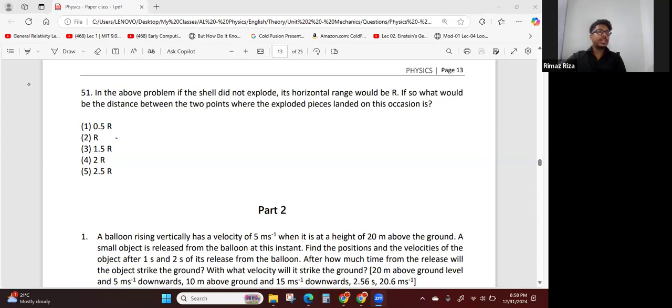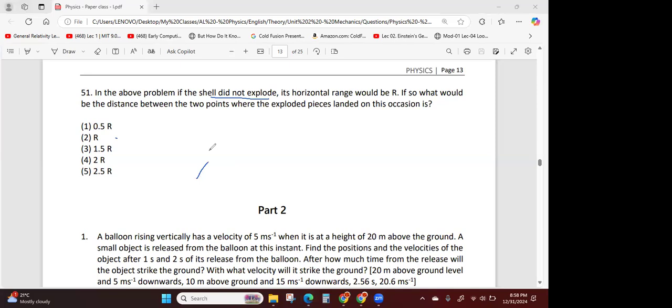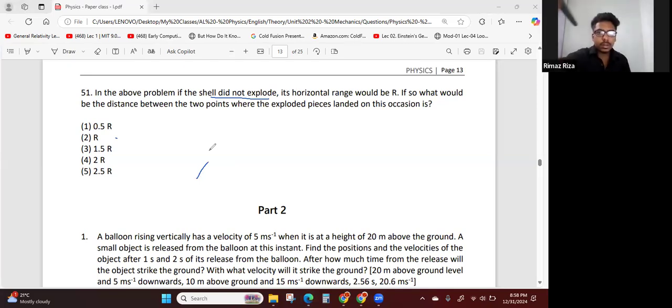Now, if the shell did not explode, meaning without explosion, like for example if you throw this 2 kg mass, it will go in this parabolic path, right? And it falls here. So this is the range.